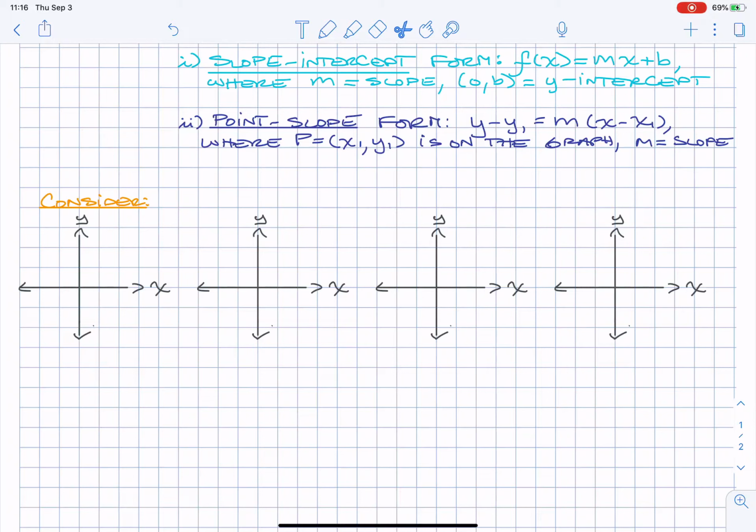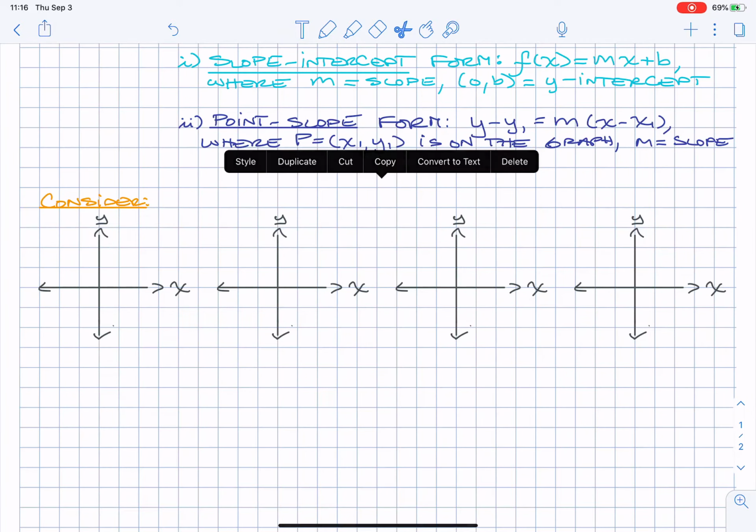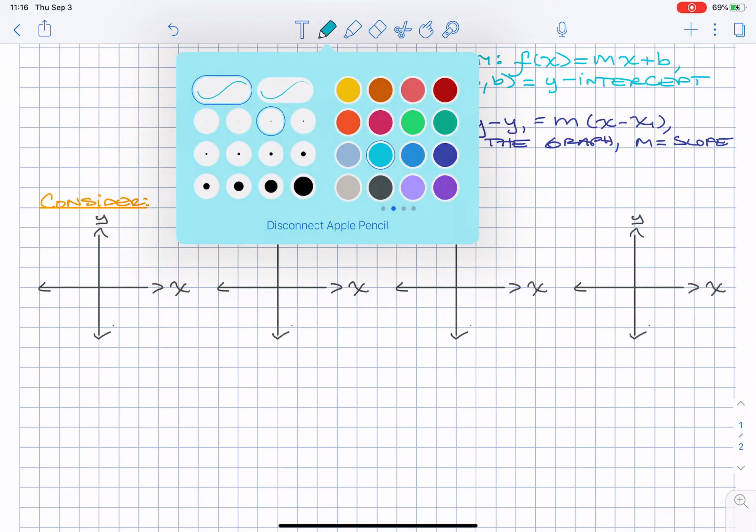There we go. Okay, so first let's consider a line that looks like so.